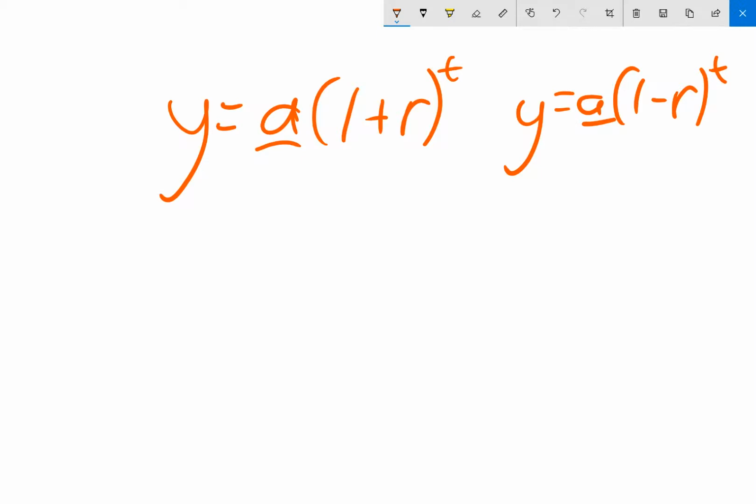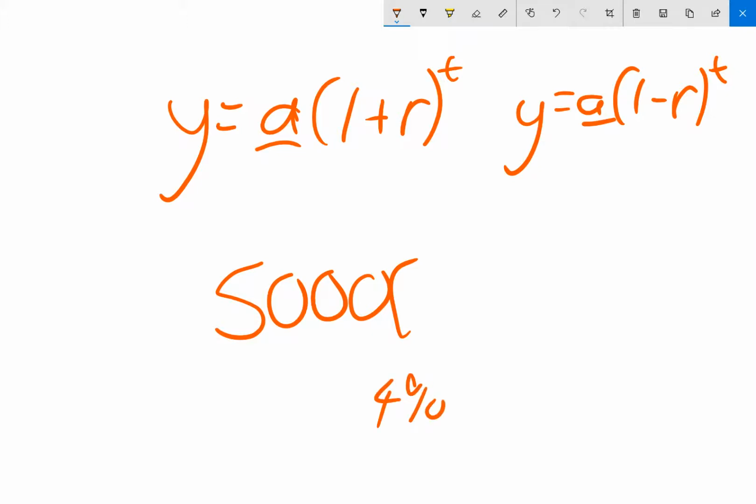So, I'm going to give you a different example, not the same as the ones that are there. Let's say my starting amount was $5,000, and my money is growing at a rate of 4% growth. Well, if it's growth, then it's going to be this equation, so 1 plus.